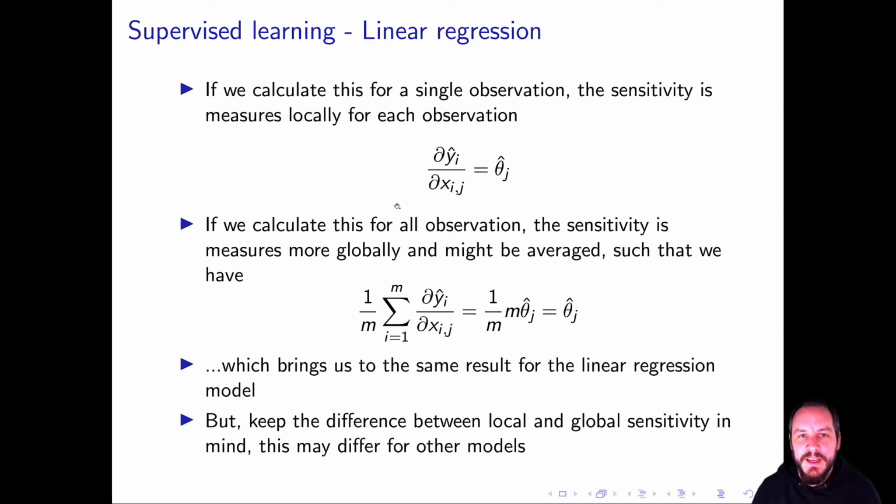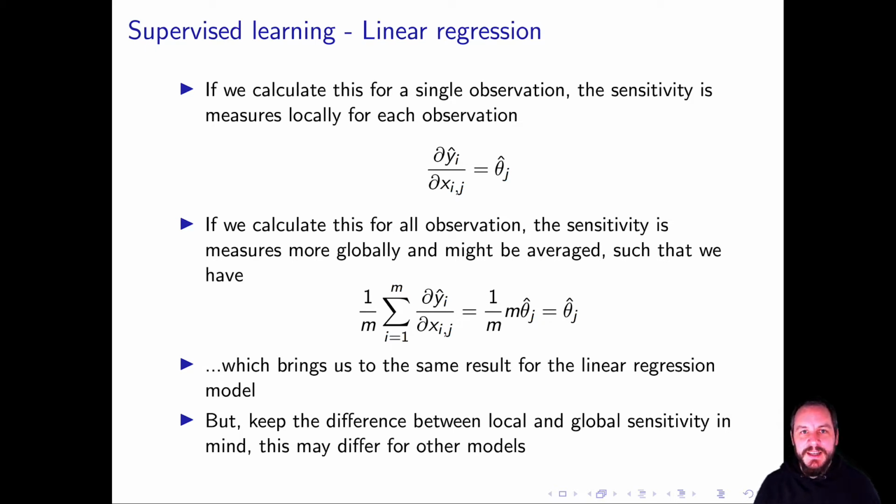And if you want to take a look at how big this sensitivity is on average for the whole data set, then we average these sensitivities, okay? And as we have the same value here for each data point, then it's just m times this. And if we average it, then we have 1 divided by m times m. So again, we end up with the effect size of this feature variable. Okay, we will try to make this more clear with an example later.